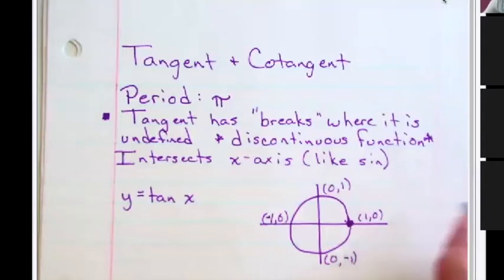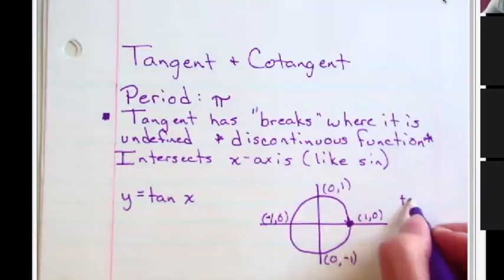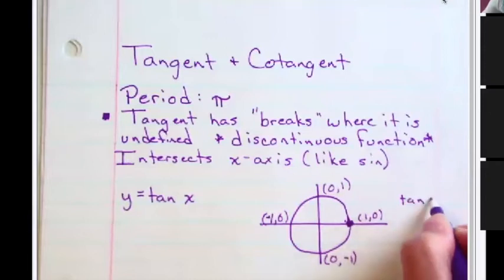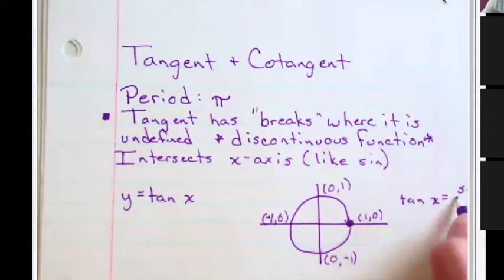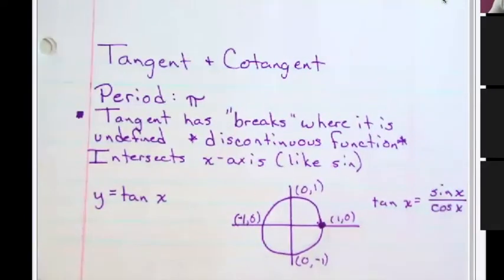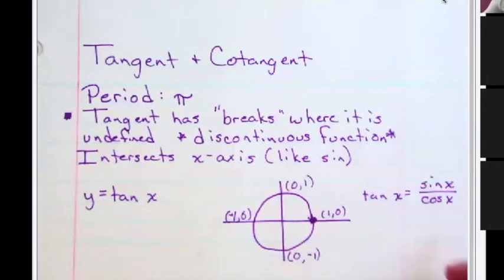Now, tangent is equal to the sine over the cosine. And remember, sine over cosine, that's the same thing as the y value over the x value.